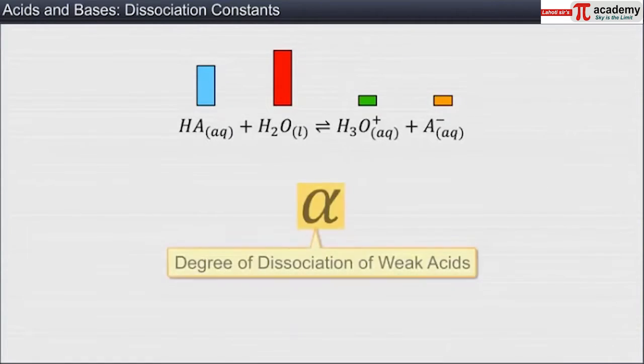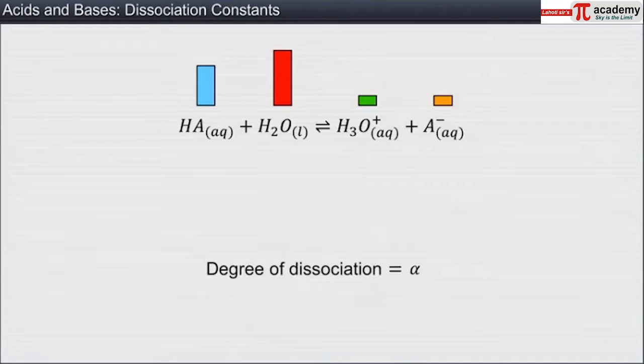The extent of the ionization of weak acids is usually expressed in terms of degree of ionization, which is denoted by alpha. Let us take the same generic example of the dissociation of weak acid HA in water to derive the expression for the degree of dissociation of weak acids in water.